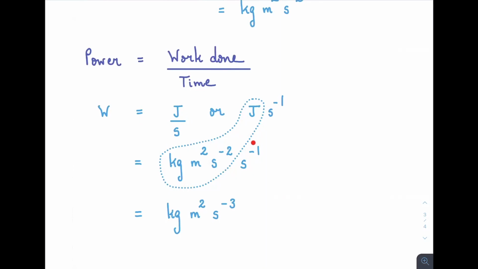So -2 minus 1 gives us -3. So this is the advantage of writing down the units in this form. So we end up with kilograms meter squared second to the -3. So these are the base units equivalent to the watt.